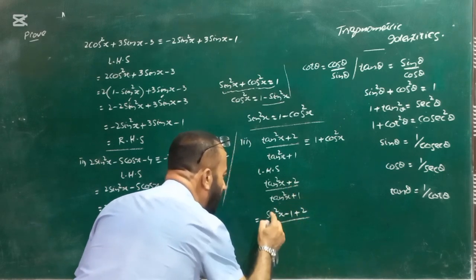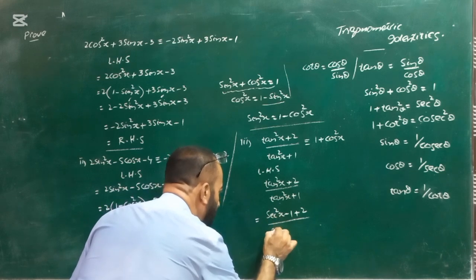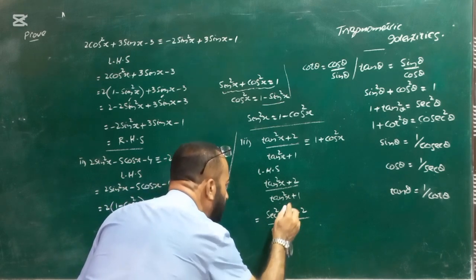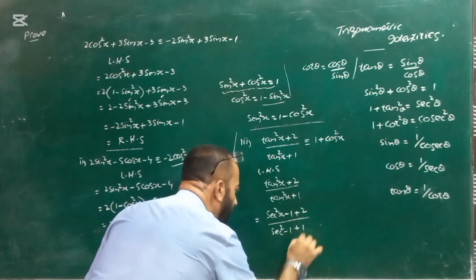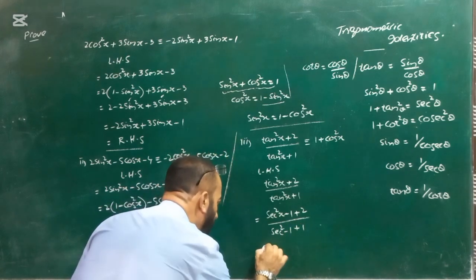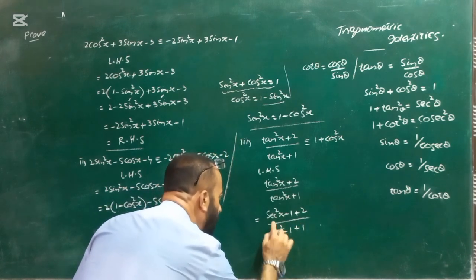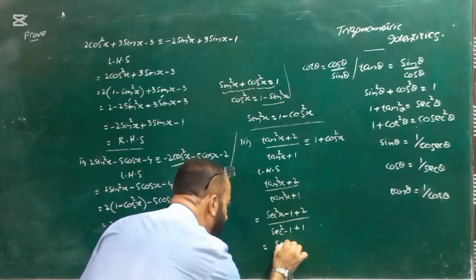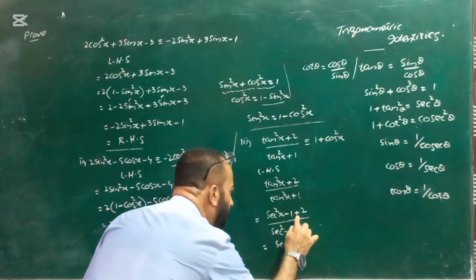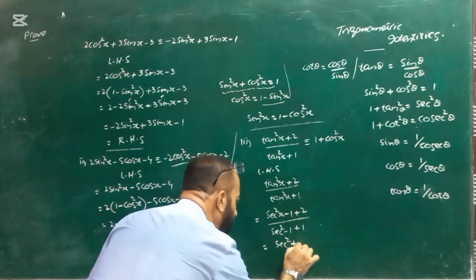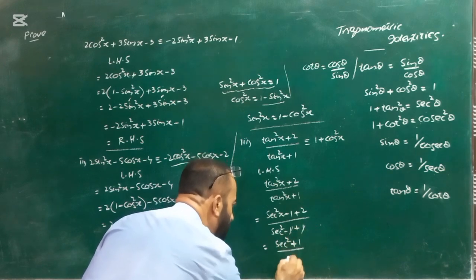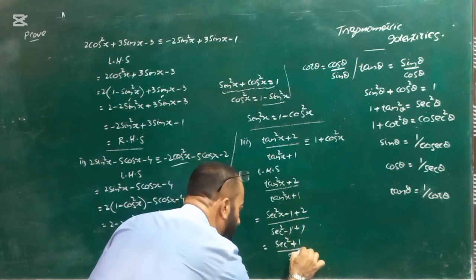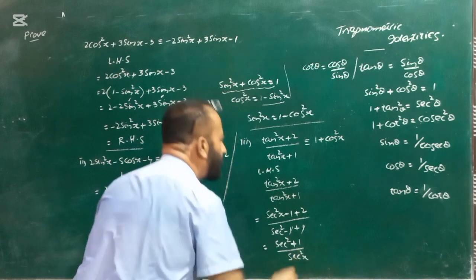In the denominator as well, this tan square x will be equal to secant square x minus 1. This plus 1 will remain as it is. Moving further, secant square x minus 1 plus 2 will be plus 1, and in the denominator minus 1 will be cancelled by plus 1, so it will be equal to secant square x.